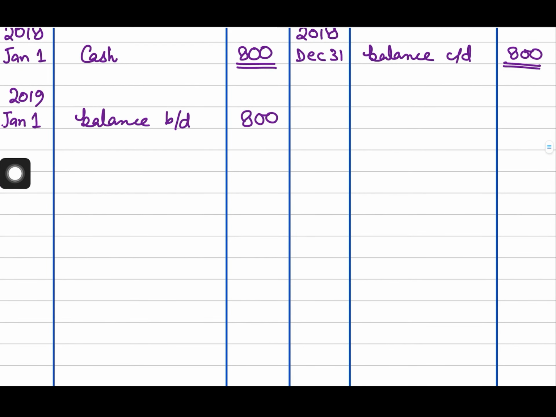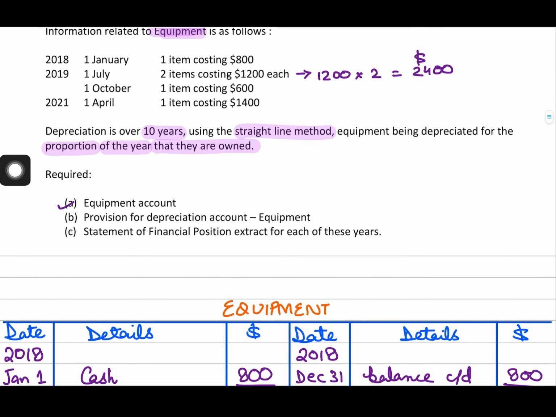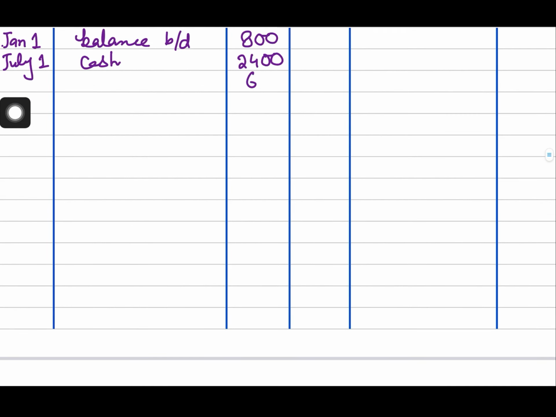So 1st July, 2400. If you want, you can write these two items separately as well, but since depreciation calculated on these assets will be same as these are being purchased on the same date, so it doesn't make much of a difference, okay. Then next purchase is on 1st of October amounting to $600. So October 1st cash, right.